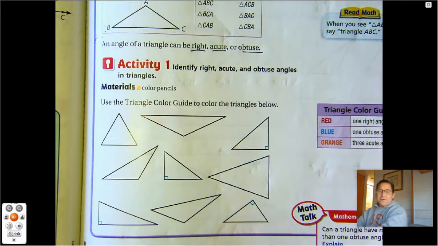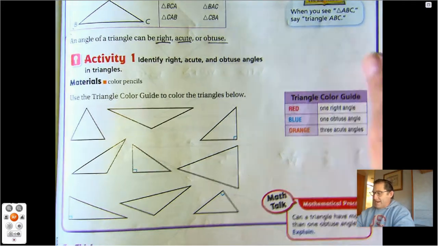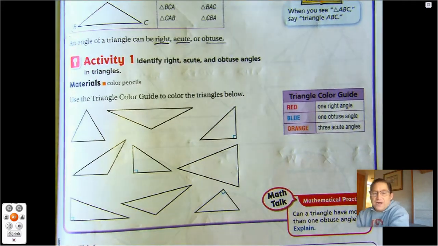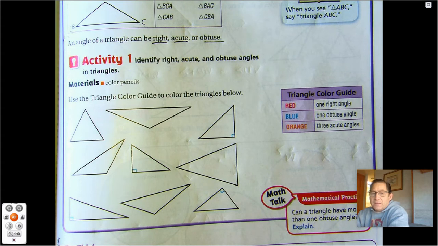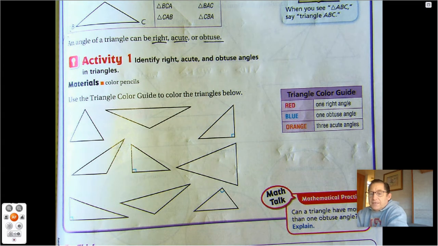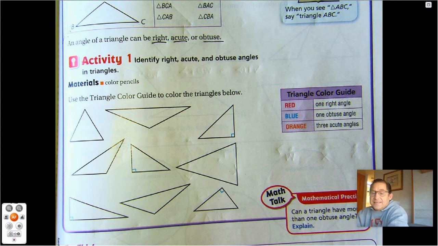And basically, the way we name those is because one of the angles in a right triangle would be a right angle. In an acute triangle, all three angles are less than a right angle. In an obtuse triangle, one of the three angles in the triangle is greater than 90, which means the other two are less than 90, or less than a right angle.